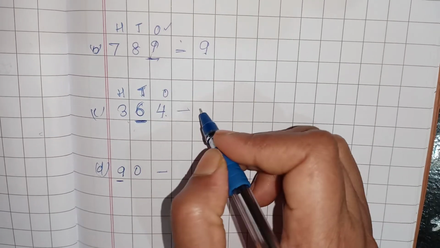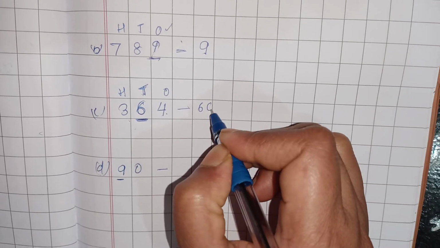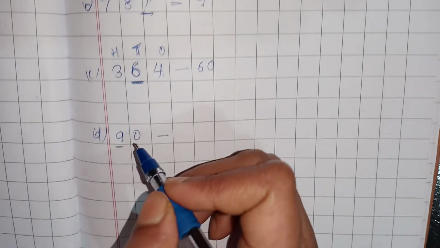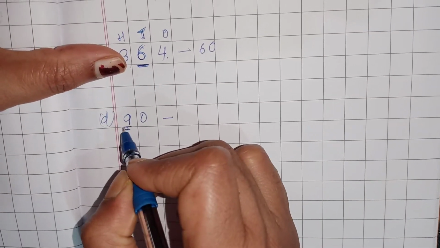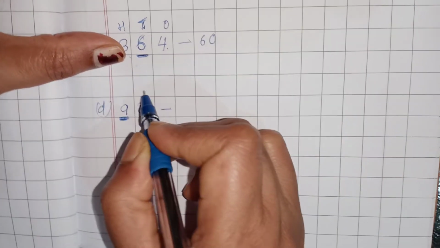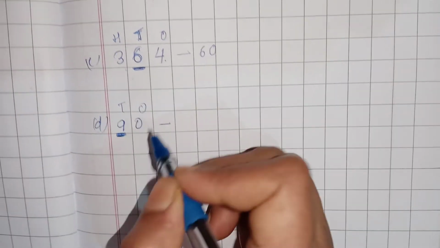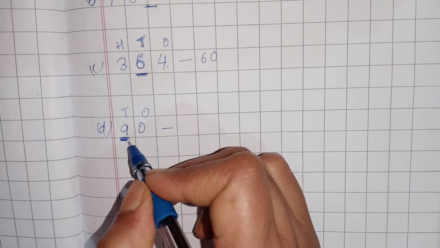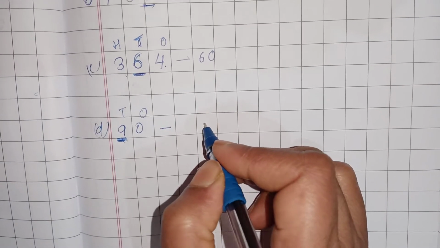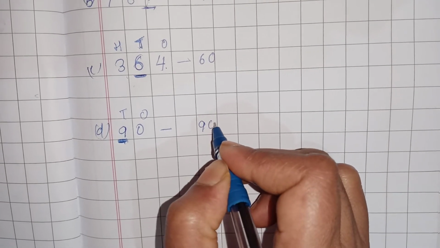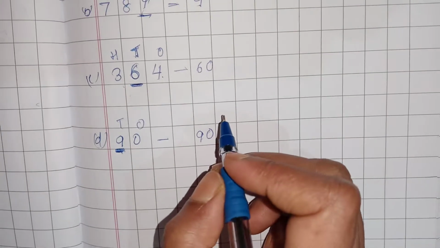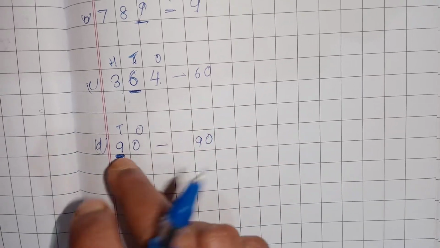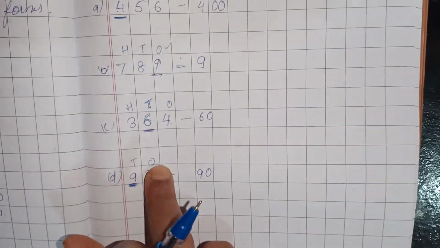So what will you write? 60. So in the last question 90 is given and I have underlined this 9 and this is tens. 9 is in your tens place. So what will be the value? Again 90. So children, today I am giving you the work based on this place value and face value.